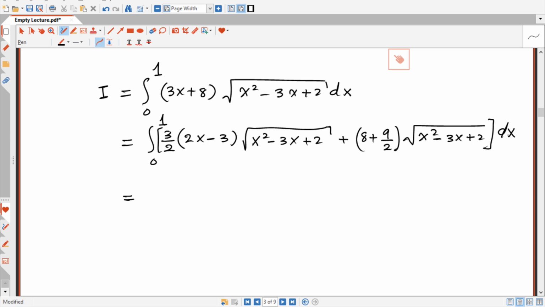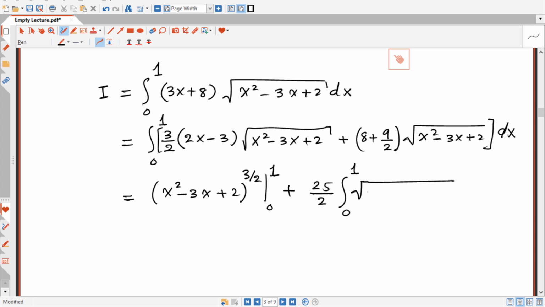So 3 by 2 gets cancelled with 3 by 2 here, and we're left with the value of this integral equal to the square root of x squared minus 3x plus 2 to the power 3 by 2, evaluated from 0 to 1, plus 25 over 2, the integral from 0 to 1 of the square root of x squared minus 3x plus 2 dx.